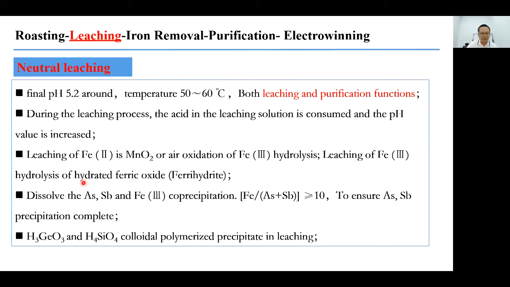And we are always using some oxidation reagent like manganese oxide in oxidizing ferrous iron to ferric iron in order to get ferrihydrite. And the mole ratio of those impurities are well monitored to ensure the co-precipitation. And the germanium and silica was also enriched in the slurries.